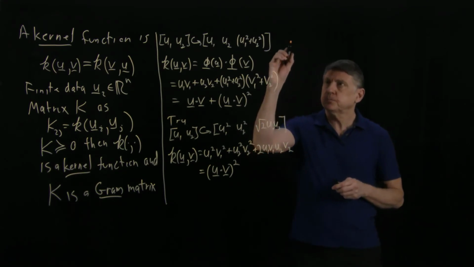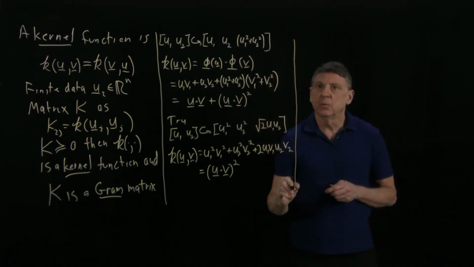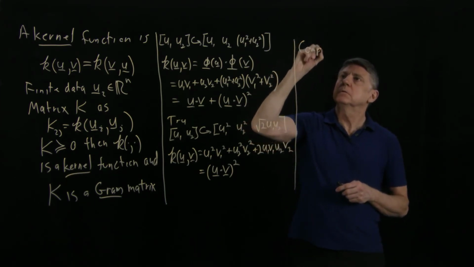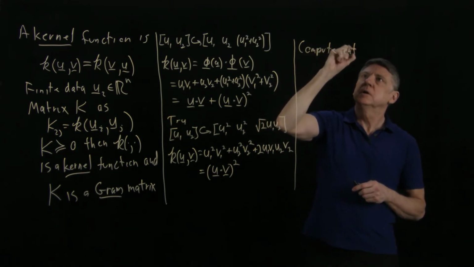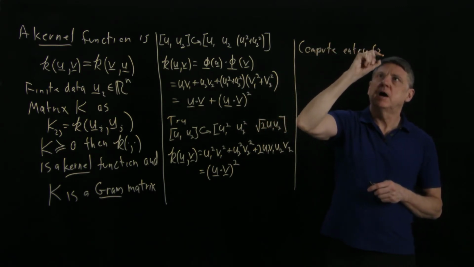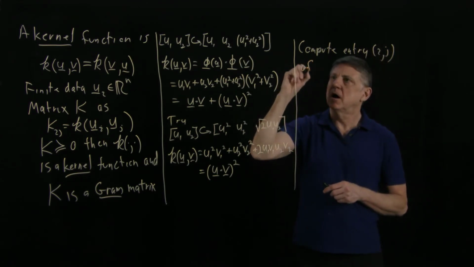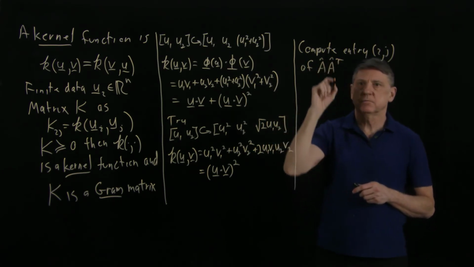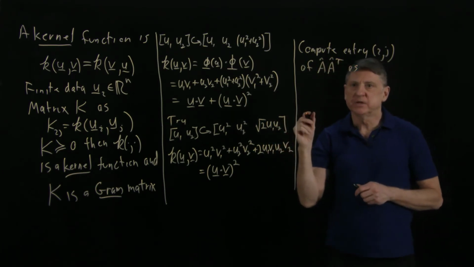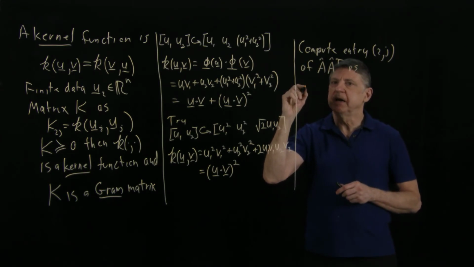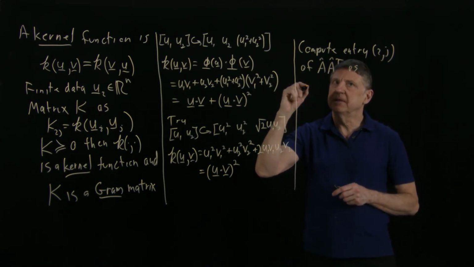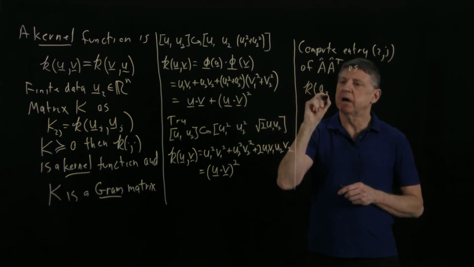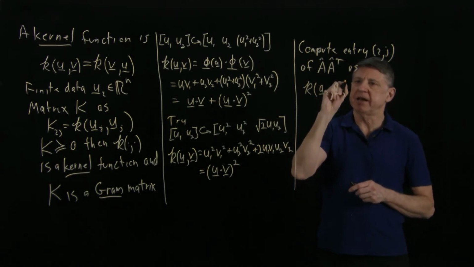So now, with this understanding, what we can do is we could compute entry ij of A hat transpose as, and we could just say that that is going to be the kernel function of observation i, observation j.